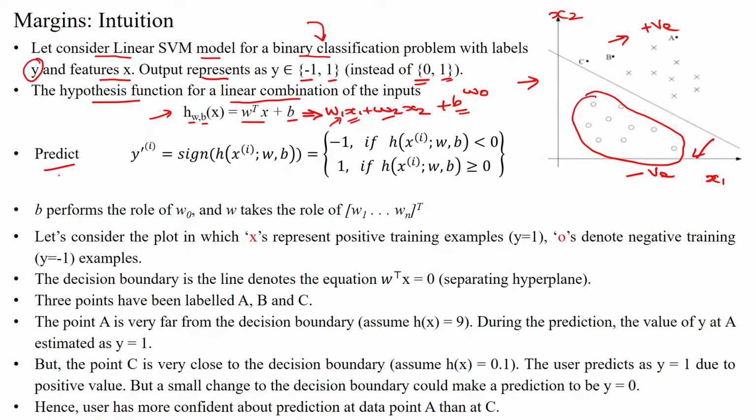So we can predict the output for a given sample, denoted as y dash of the particular sample i, which is the sign of the hypothesis of sample i with respect to parameters w and b. It is -1, meaning the data point i will be negative class, whenever the predicted value is less than 0.